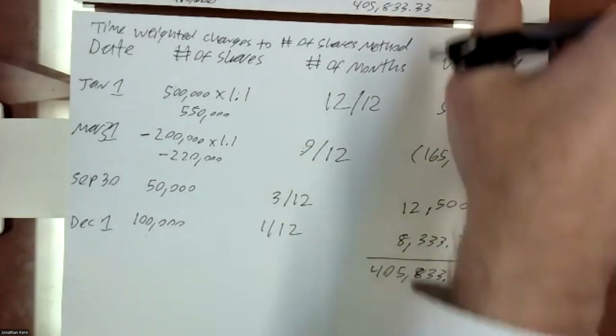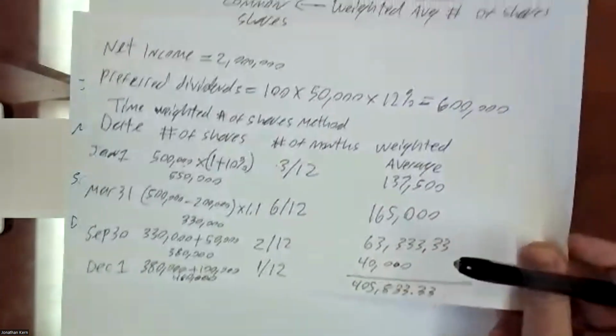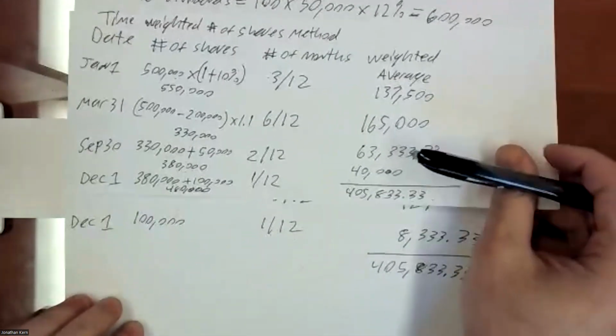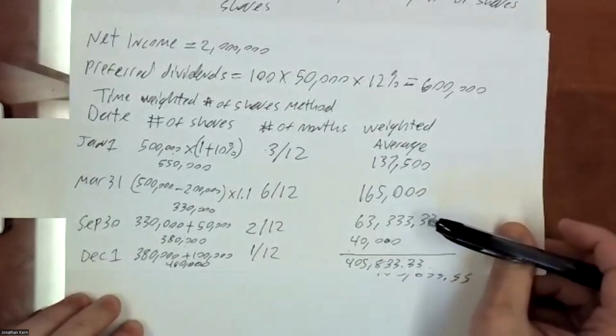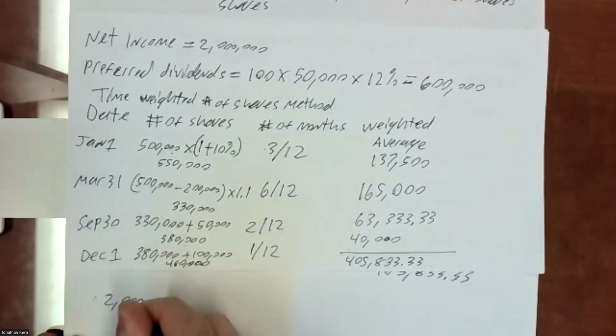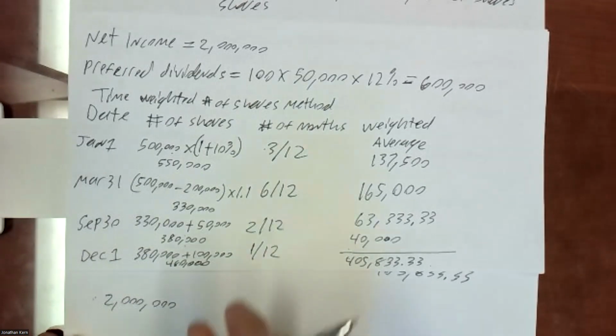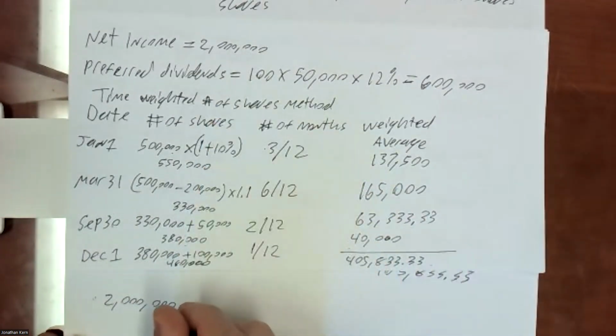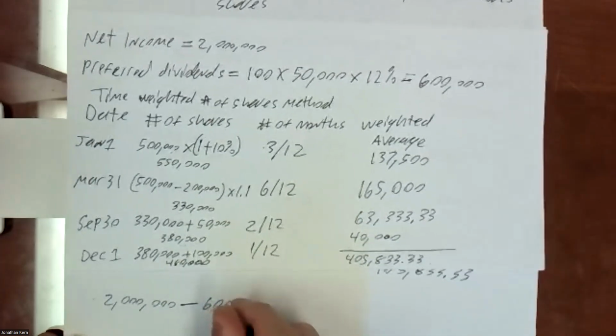Okay, so now we have to compute EPS. So we had net income of 2 million. We had a preferred dividend, so we have to subtract out our preferred dividend of 600,000.